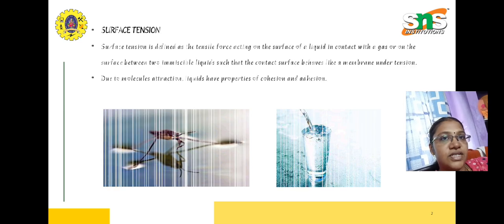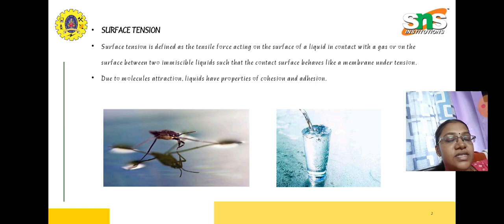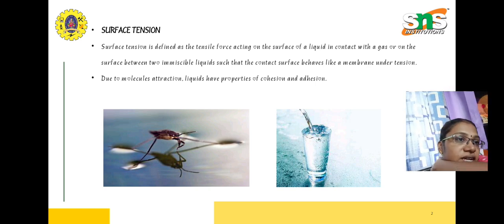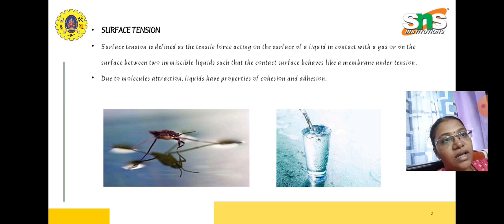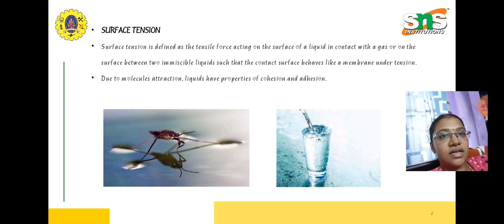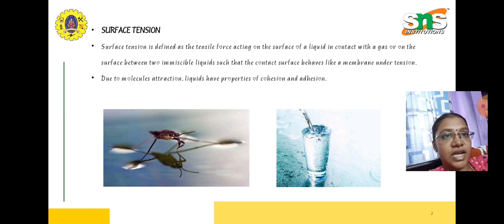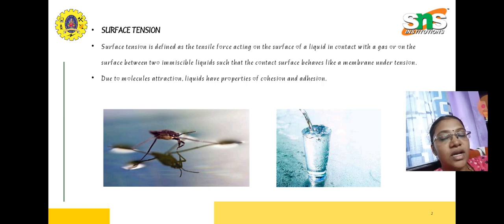Next, the surface tension. What do you mean by surface tension? It is defined as the tensile force acting on the surface of a liquid that is in contact with either a gas or the surface between two immiscible liquids. Immiscible means those two do not dissolve in each other.